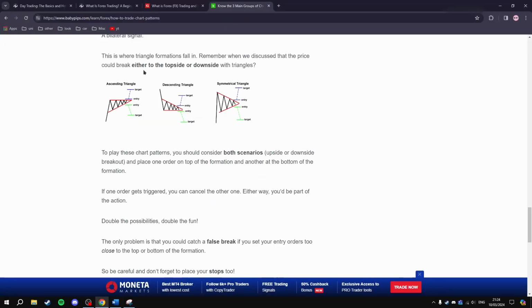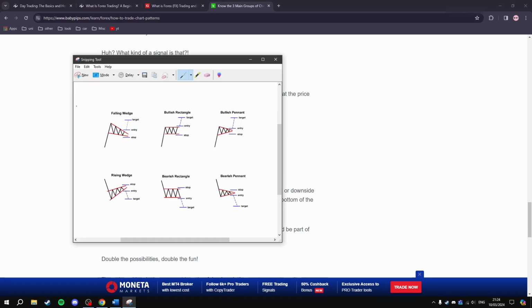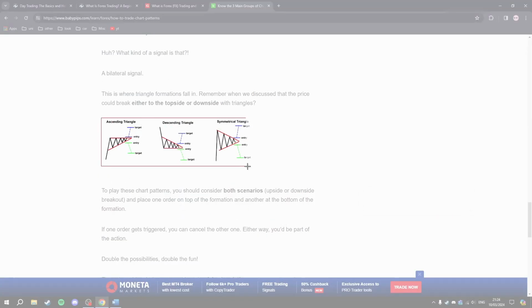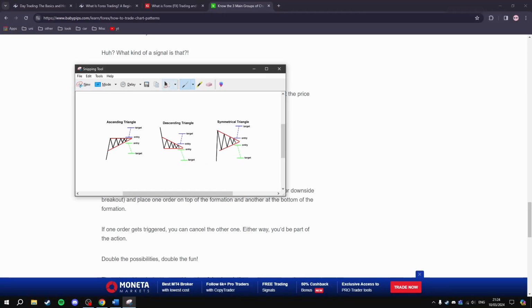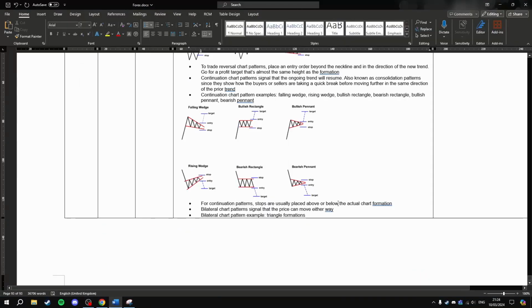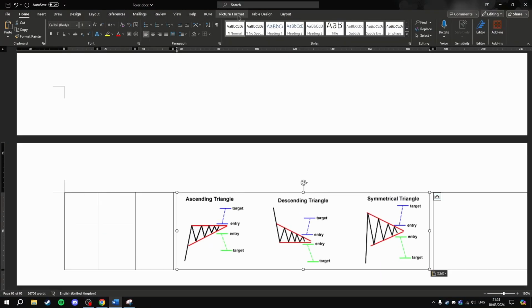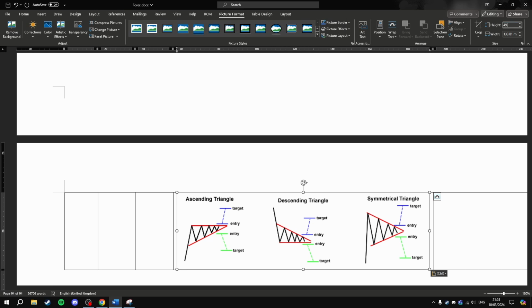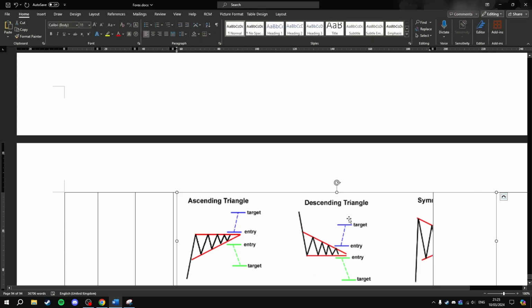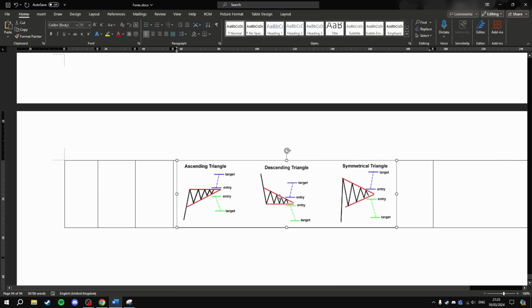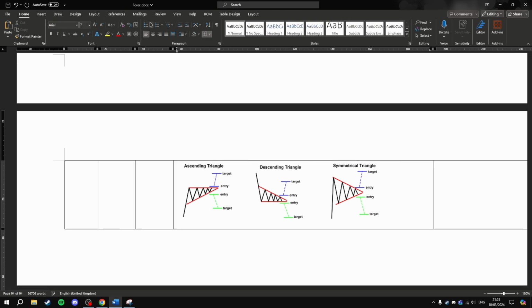Remember when we discussed that price could break either to the top side or downside with triangles?